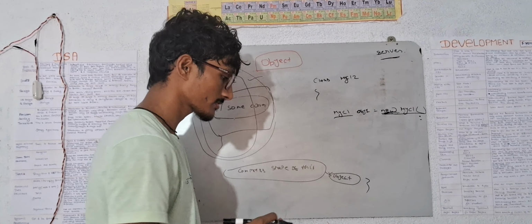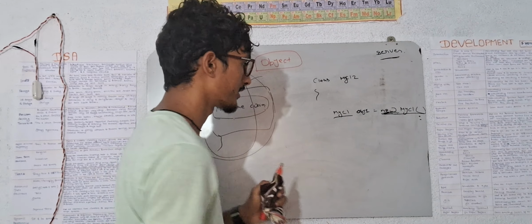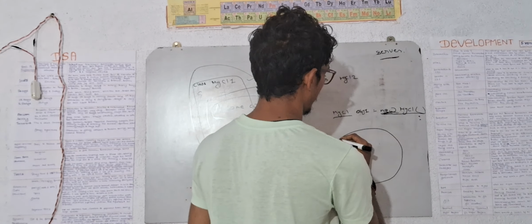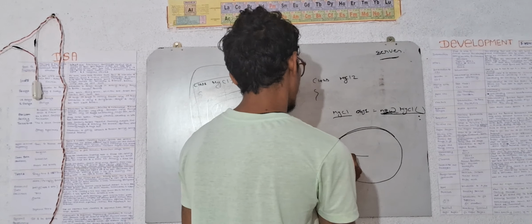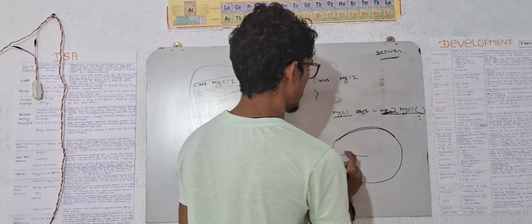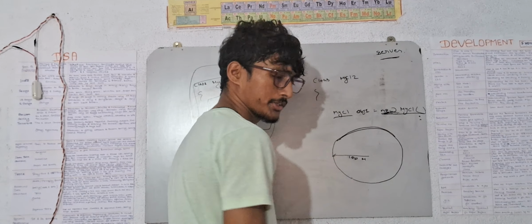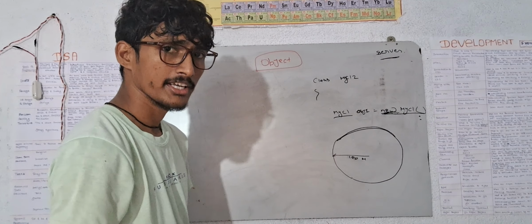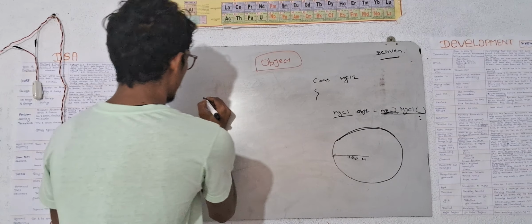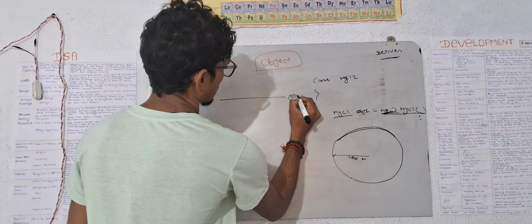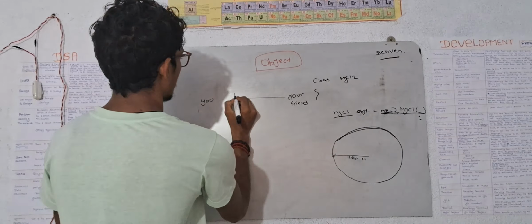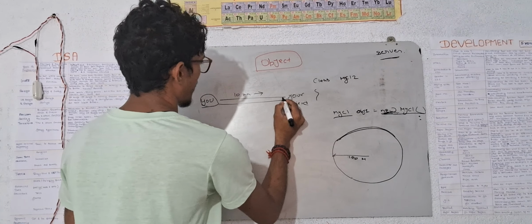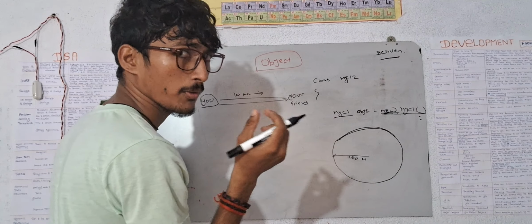If I tell you that you have a balloon with a radius of 5 meters, or let's take 100 meters, and you have to give that balloon to your friend, who is 10 kilometers away from you, and you have to go from this point to that point, what will you do?